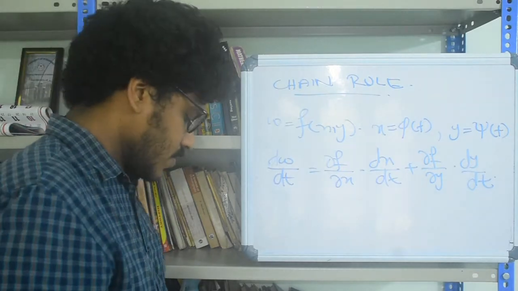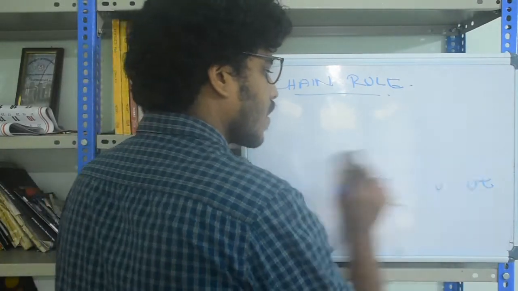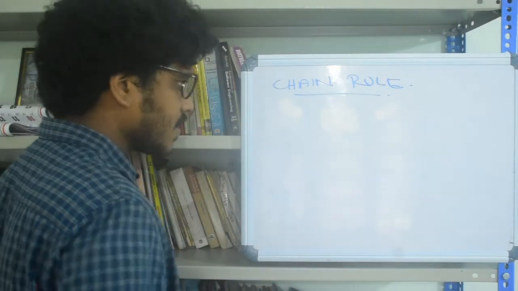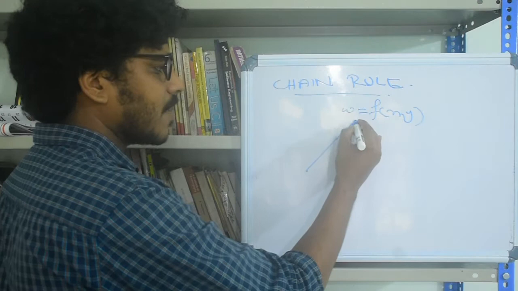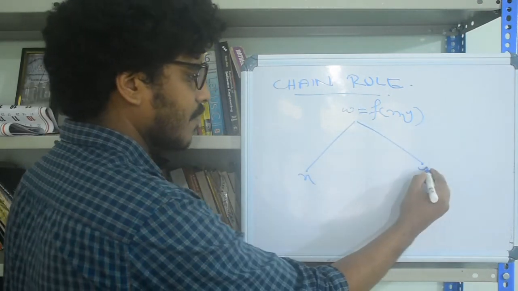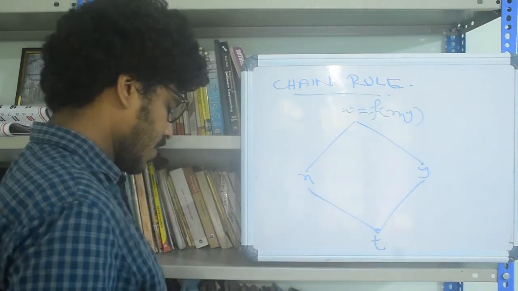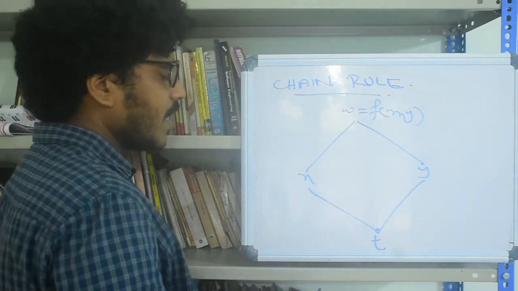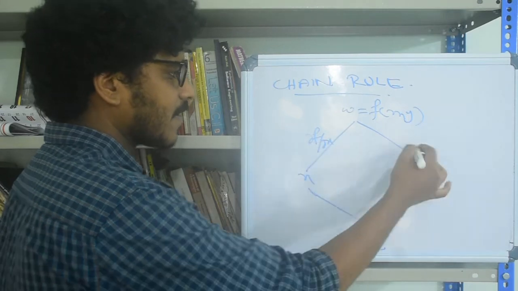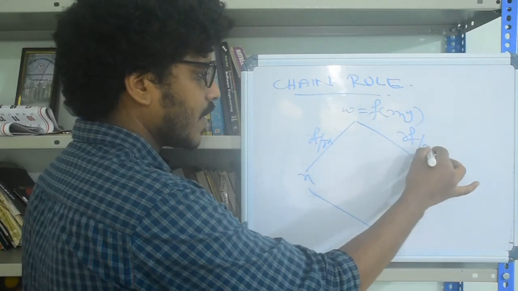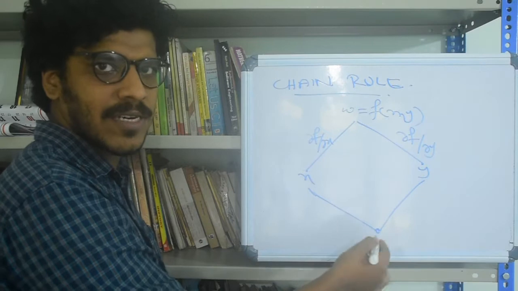There is a graphical method to express this. We have w equal to f of x, y. The direct variables here are x and y, and again x and y are functions of t. We move from w to x with the partial derivative partial f by partial x, similarly to y, partial f by partial y, and from x to t we have a single variable function phi of t, x equal to phi of t.